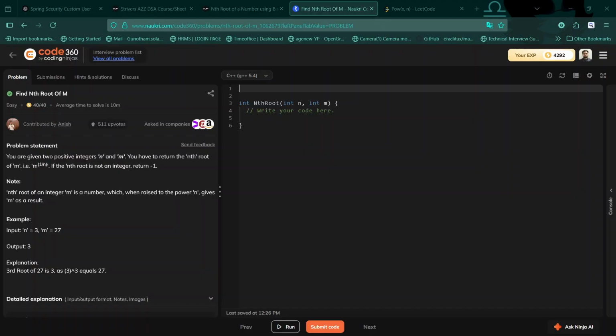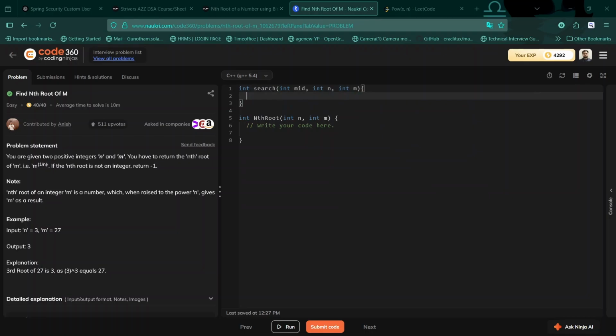So let me create an int search function with int mid, int n, int m.